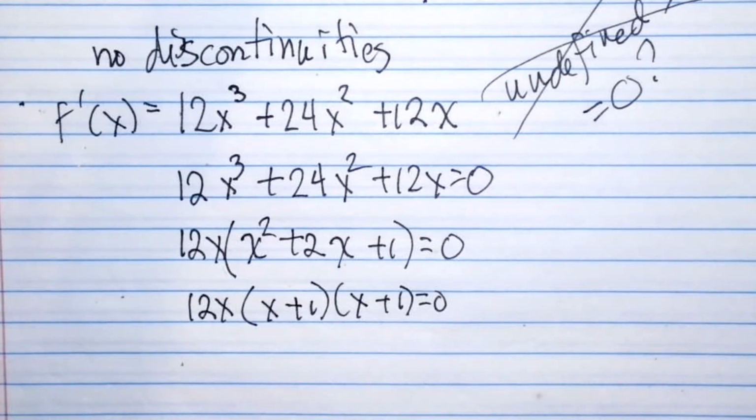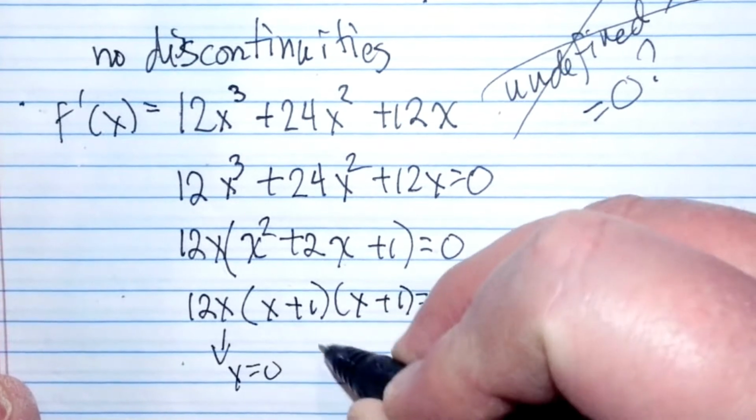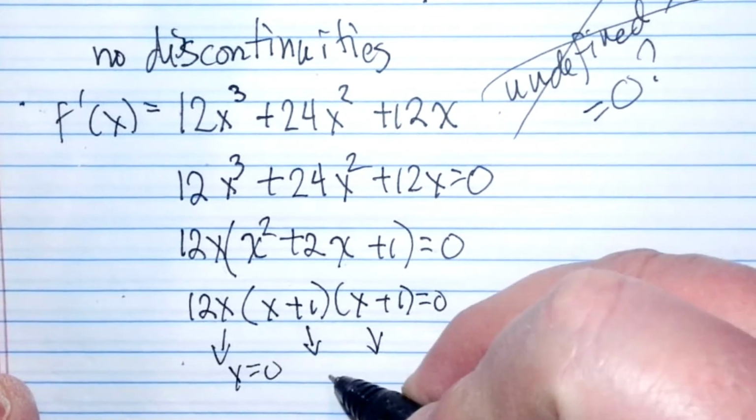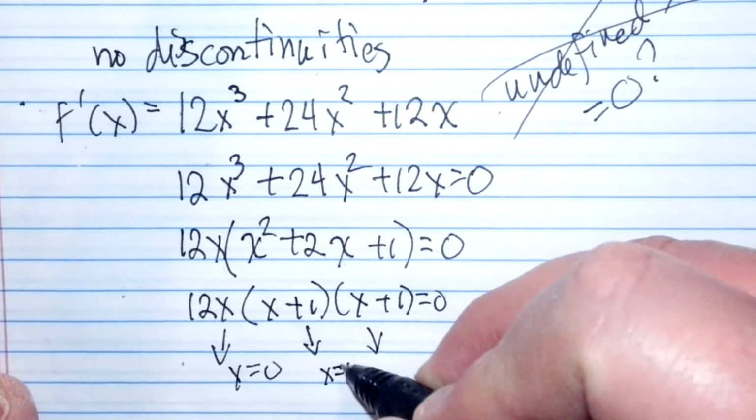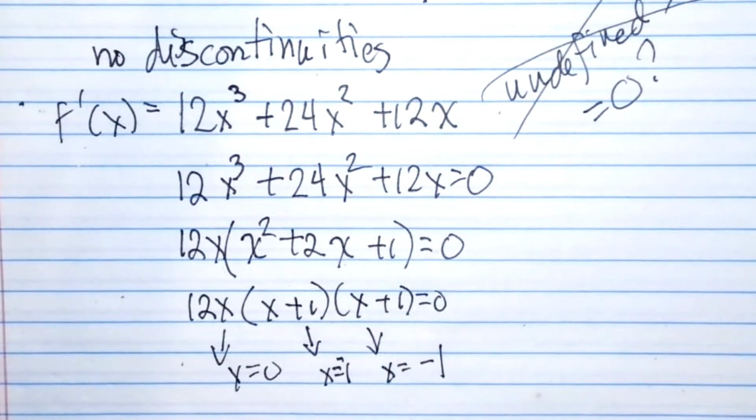Alright, so there are some solutions. This is going to give us x equals 0, and each of these other factors is going to give us x equals negative 1. So there are two critical numbers, 0 and negative 1.